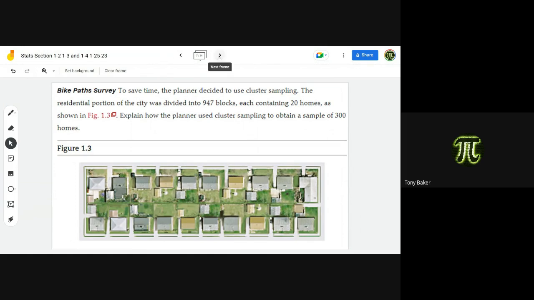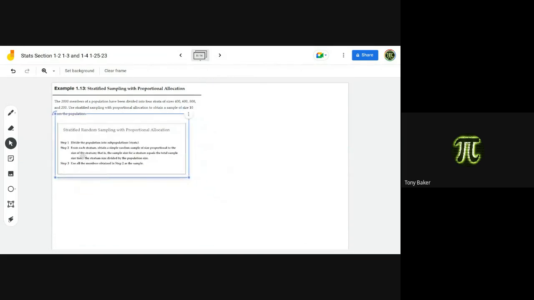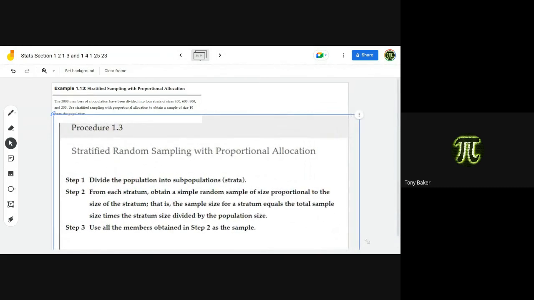And that's called the next thing: stratified sampling, random sampling with proportional allocation. We divide the population into subpopulations, and we do a very similar thing to what we just did before. Now, you could do this with clustering, you can do this with anything.